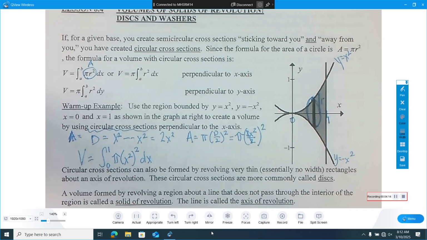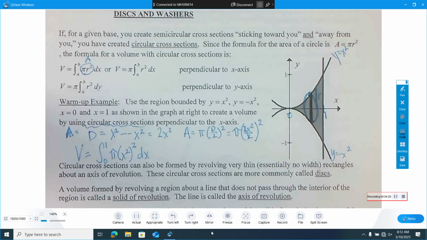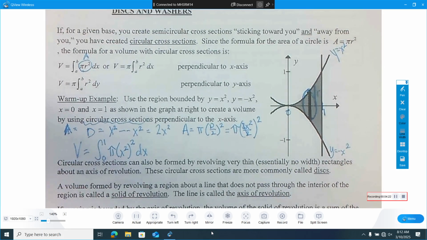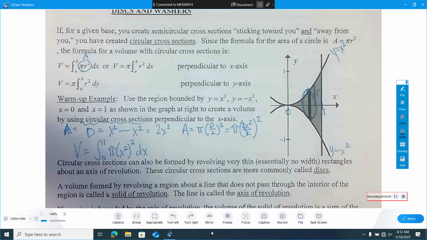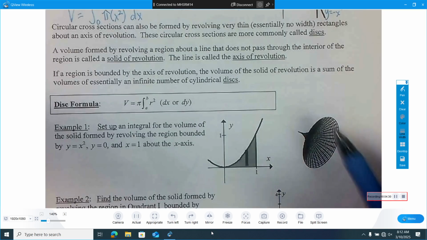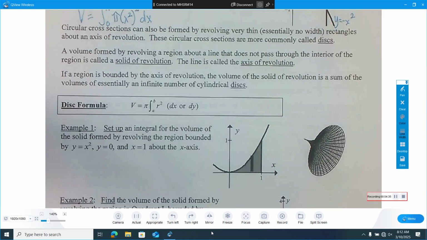We could find all these little circles stacked together. I don't know if you can visualize what that looks like in your head: a bunch of little circles side by side, getting bigger and bigger in size. There's a little 3D image there, sort of the shape.